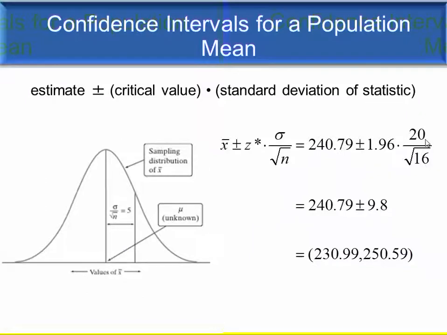There must have been 16 people in this sample, which ends up giving us a confidence interval of 240.79 plus or minus 9.8. This notation is shorthand for saying that it falls between 230.99 and 250.59. You should really get into the habit of writing that out longhand so that you can see the interpretation of what we're talking about.